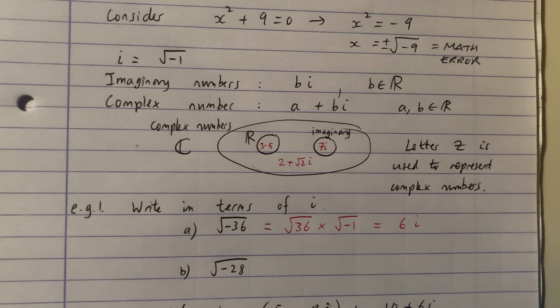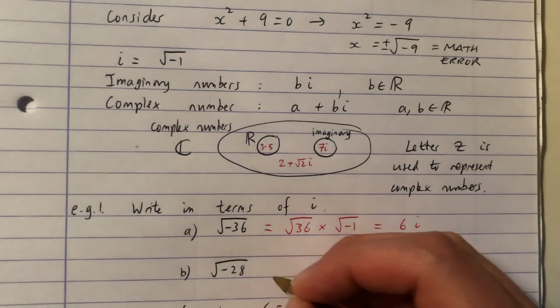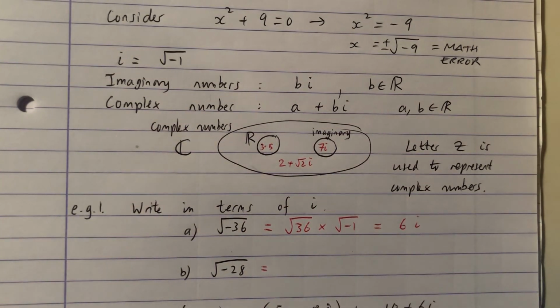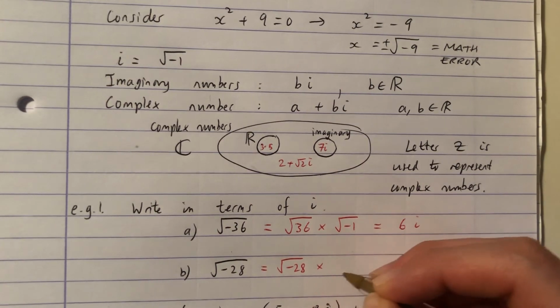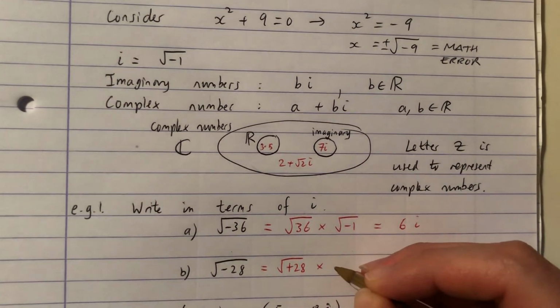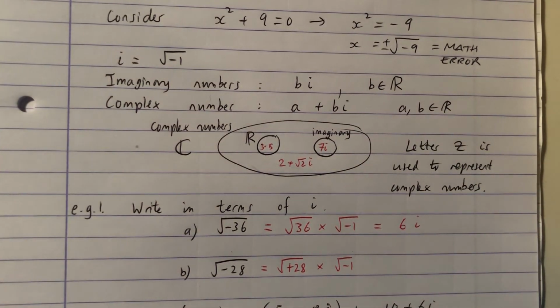No longer math error, no longer can't square root negatives. Now we can. We just needed to invent a new number. Root negative 28 would be, okay, let's do this in 2 steps. It'd be root 28 times root negative 1.